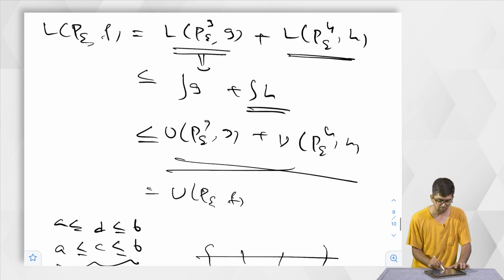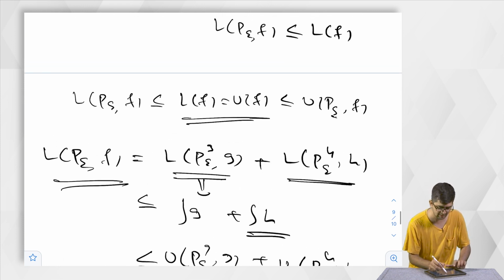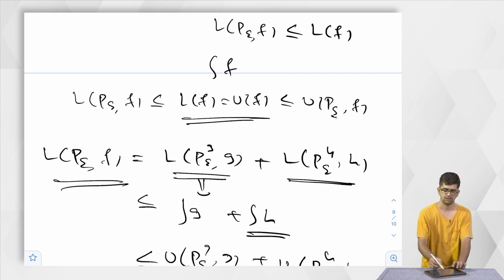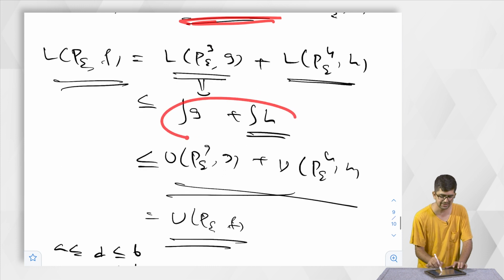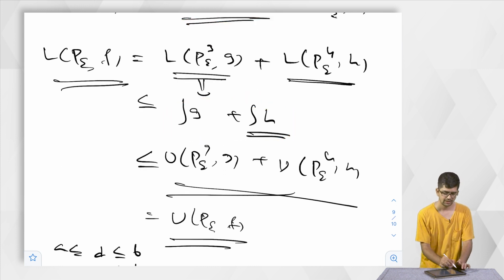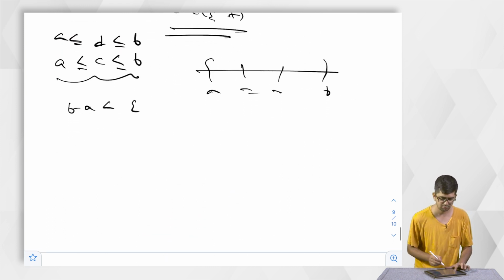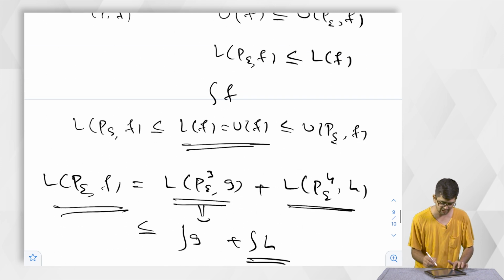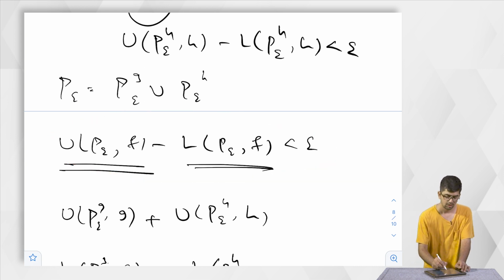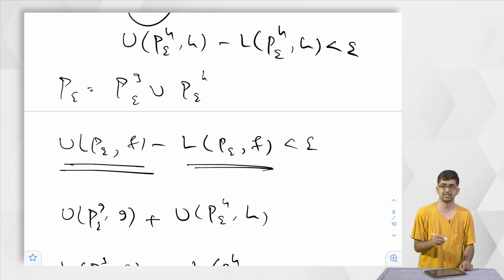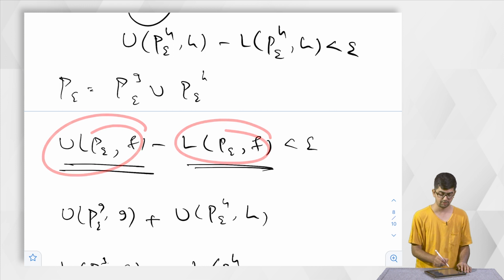So we have U(P,f) minus L(P,f) less than epsilon, and there are two elements. The integral of f, since f is integrable, is the same as this. So the integral of f and this both lie in the interval [L(P_epsilon,f), U(P_epsilon,f)]. So their difference should be less than epsilon. Both the integral of f and the integral of g plus the integral of h lie between these two.